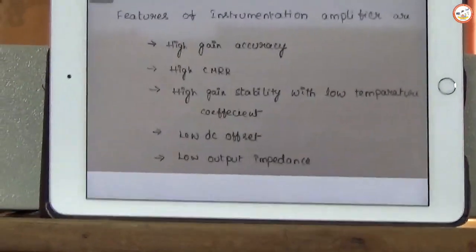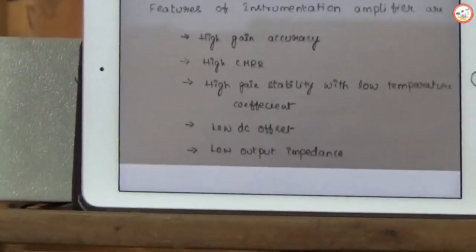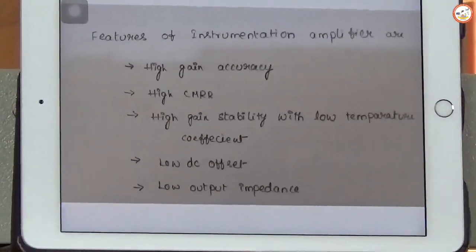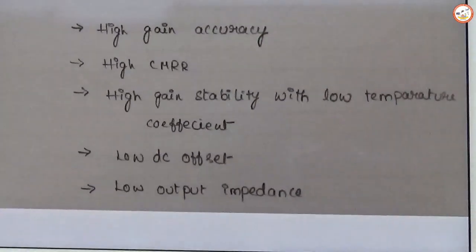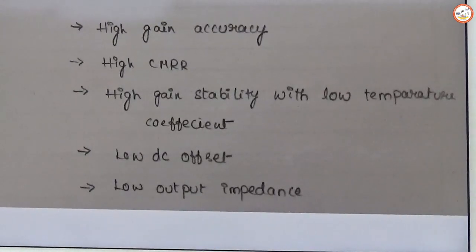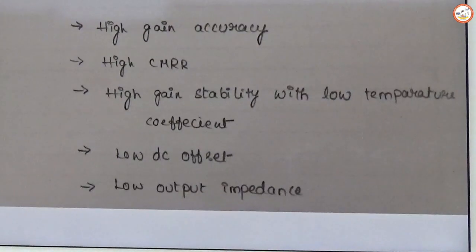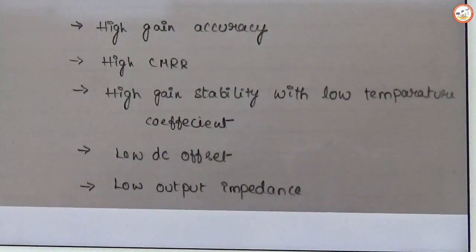We also need high gain stability and low DC offset. Offset is the output voltage we get even when only the power supply is given, which has to be eliminated by connecting offset null, that is by connecting resistors. So we need low DC offset, low output impedance and high input impedance.